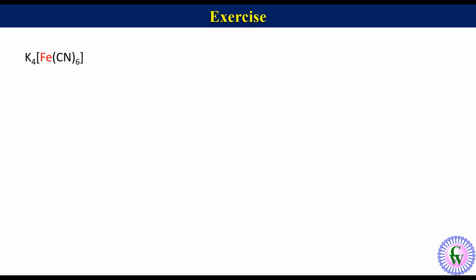Calculation of oxidation state of Fe in K4Fe(CN)6. Suppose the oxidation number of Fe is N. We know that the oxidation number of potassium is +1 and the overall charge on the cyanide ion is -1.